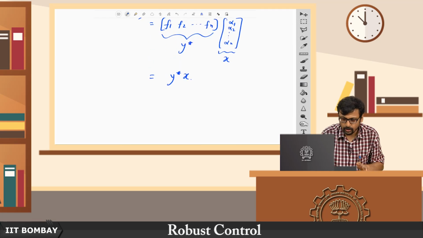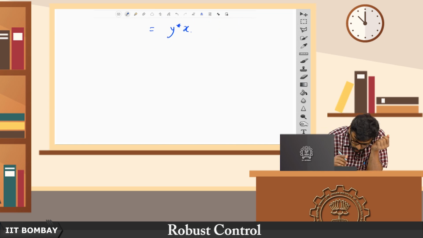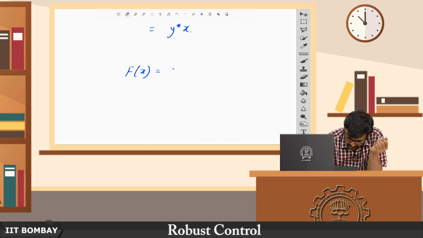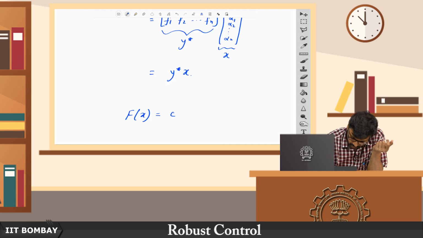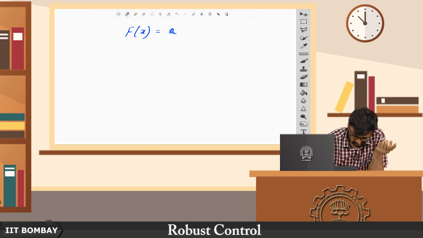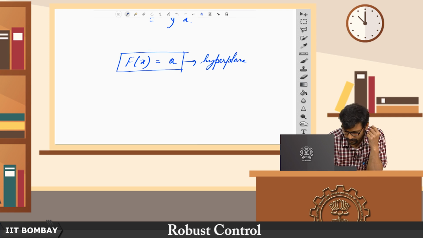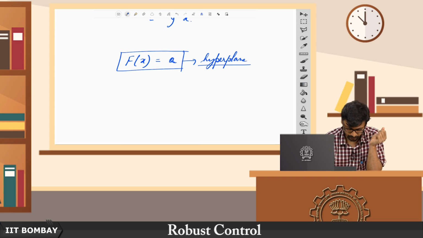So now when we want to define a hyperplane using this linear functional, we also need a real number. So when we equate f of x is equal to c, or maybe I should use a different number, maybe I should use a, just my arbitrary choice of variables, then this will define a hyperplane. All the points that satisfy this will be a hyperplane, all right.